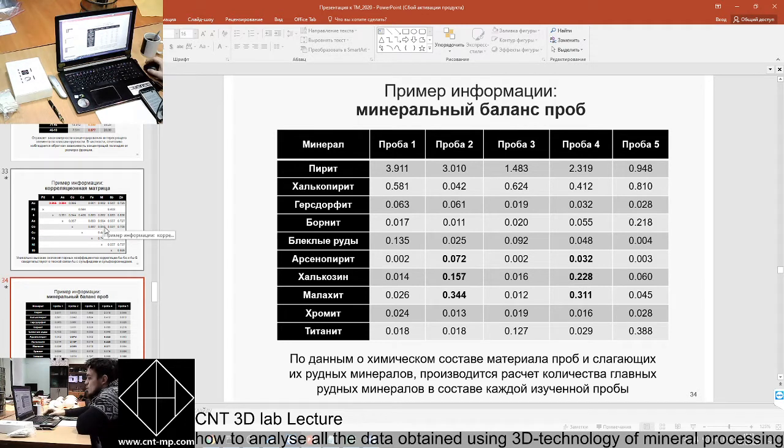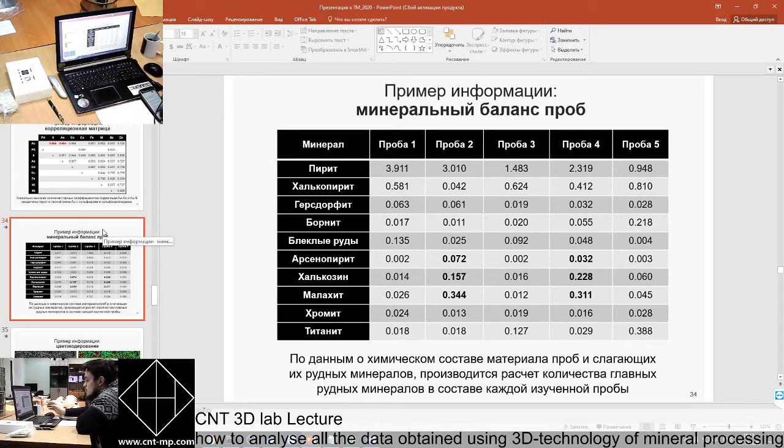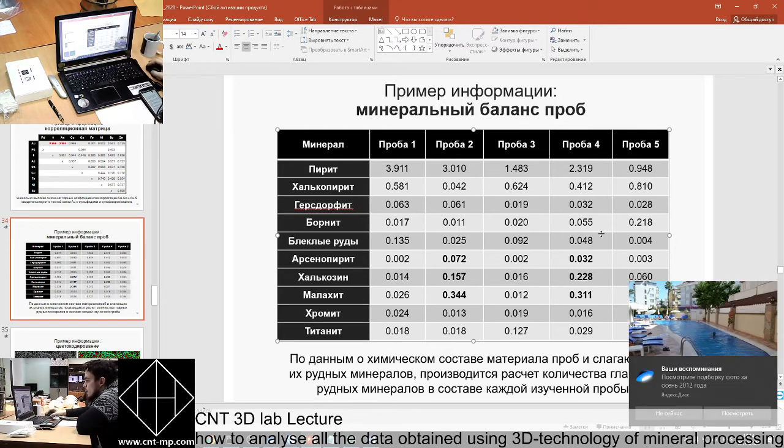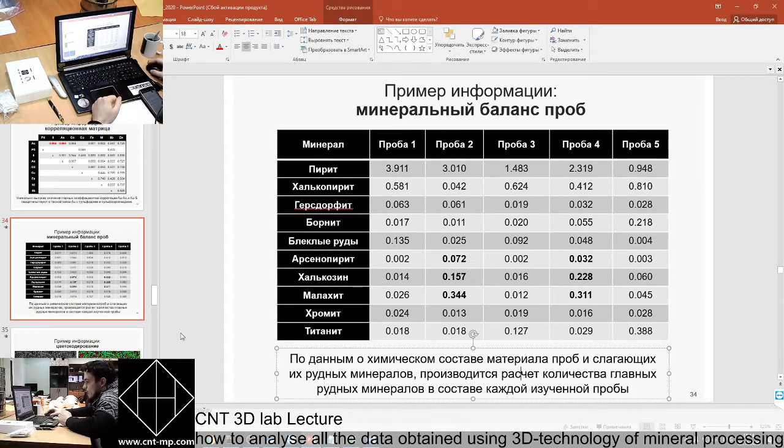And as we know which minerals we deal with, and we know the chemical composition of each mineral, we can analyze the mineral balances of minerals and heavy minerals for each sample or probe. A little bit later I will show you how we do that.